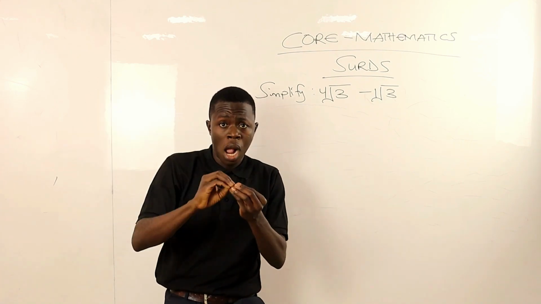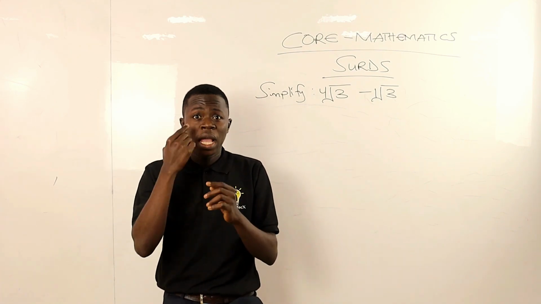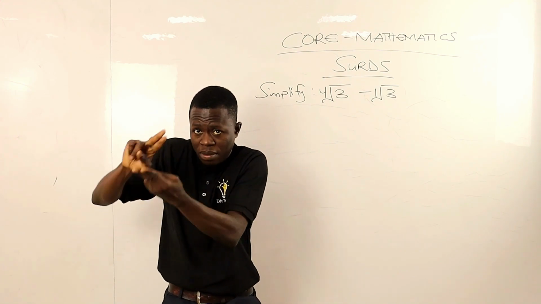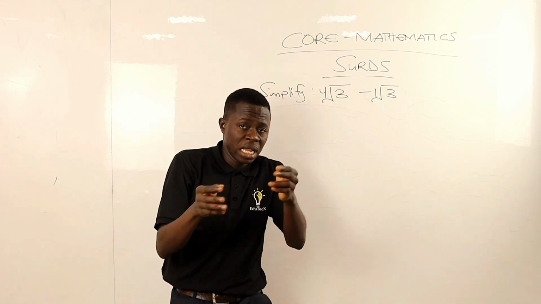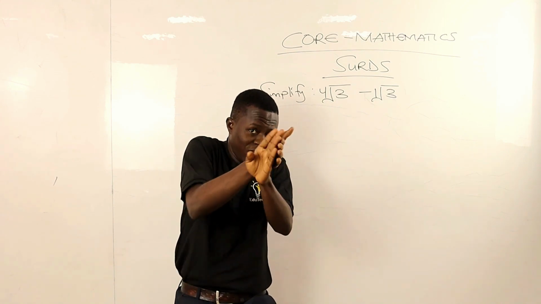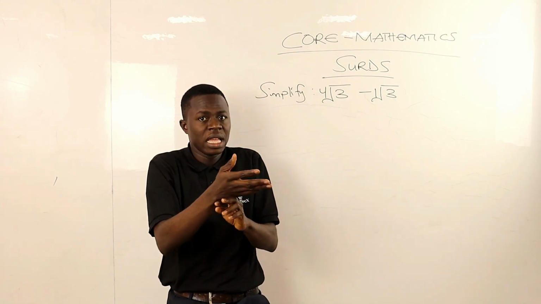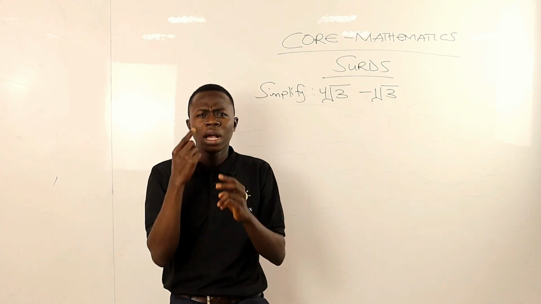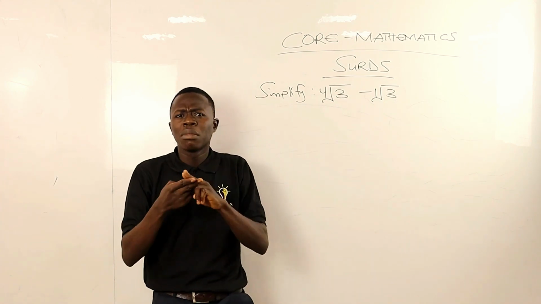And again, you remember that if you want to add or subtract sets, we look at the numbers in front of the square root sign, the first and the second term, then we isolate them and then add or subtract depending on the question.